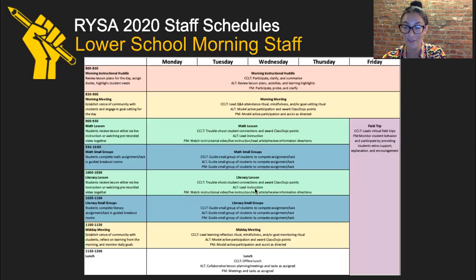And in the event that that small group station time or small group guided task time does not take all the way until 11 a.m., the academic lead teacher should feel encouraged to say to their students, please get offline for just a moment, go stretch, take a bathroom break, etc. And then let's meet back up online for our midday meeting beginning at 11 a.m.